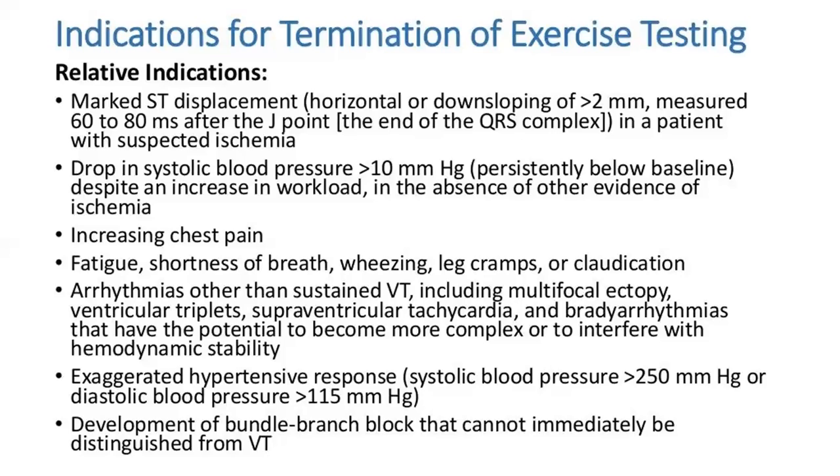Increasing chest pain, fatigue, shortness of breath, wheezing, leg cramps, or claudication. Arrhythmias other than sustained VT, including multifocal ectopy, ventricular triplet, supraventricular tachycardia, and bradyarrhythmias that have the potential to become more complex or to interfere with hemodynamic stability.